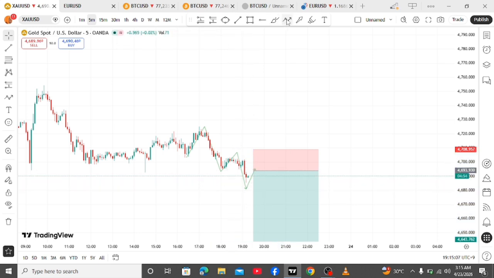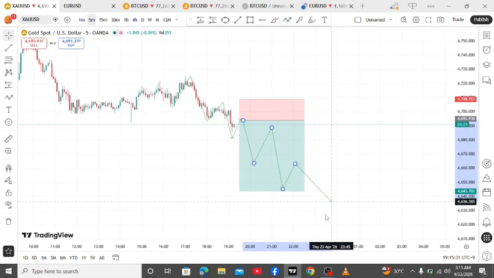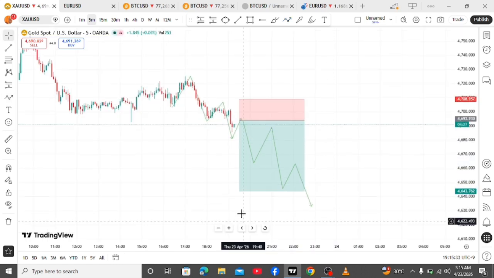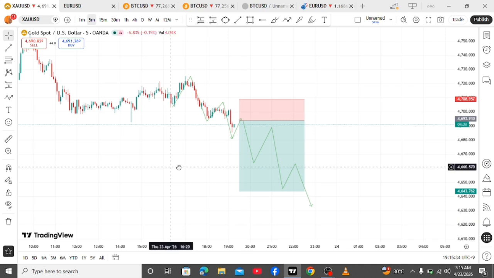We expect the market to go down, retrace a little bit, and then this is what we expect the market to do, and then smash our take profits.